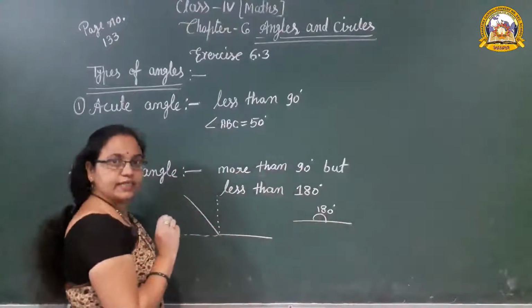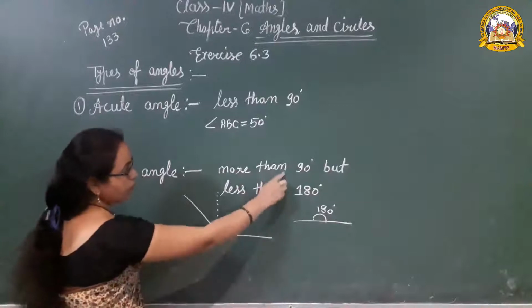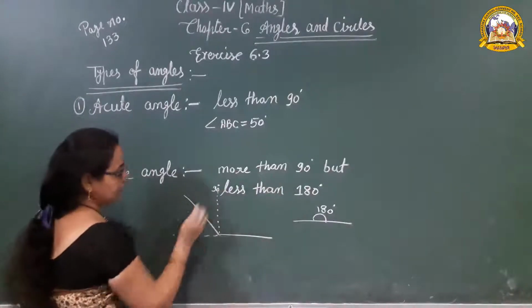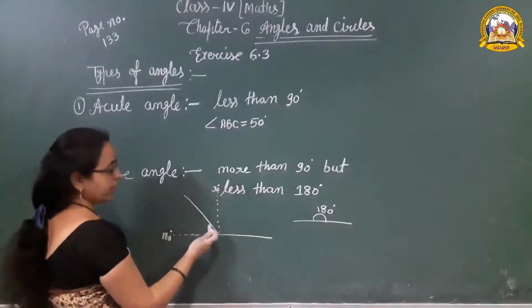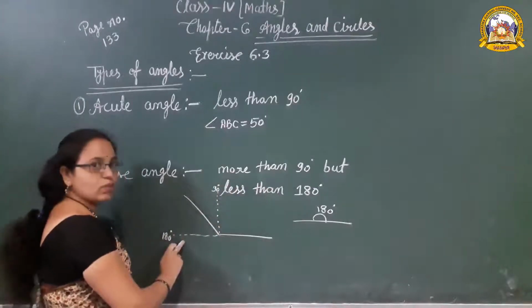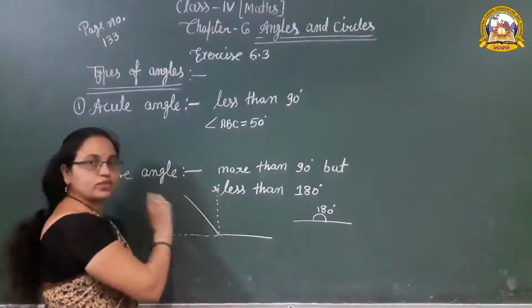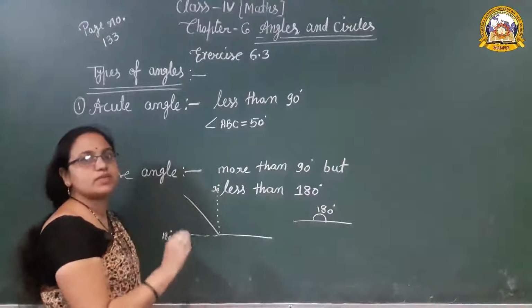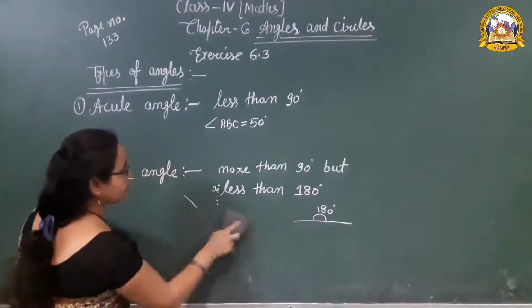So more than 90 degrees, that is 90 degrees, and here is 180 degrees. So it should be greater than 90 and smaller than 180 degrees. 90 से बड़ा होना चाहिए और 180 से छोटा होना चाहिए. That is called the obtuse angle. It's the most important point. Keep it in your mind.